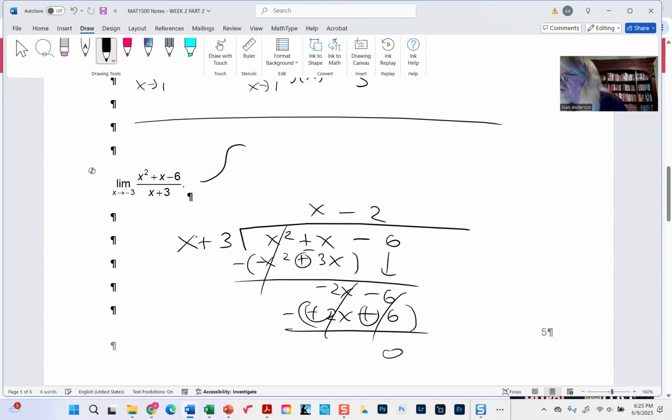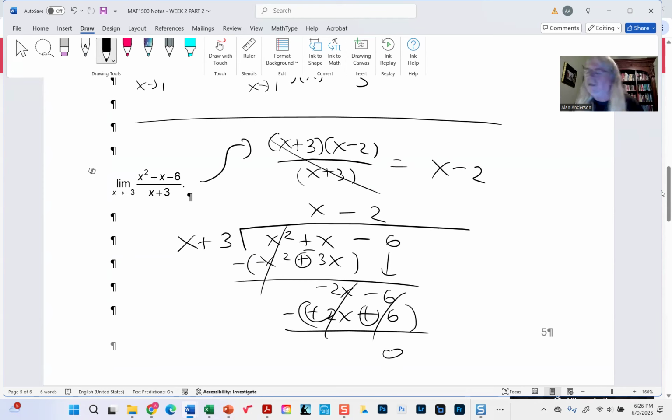Beautiful. So that means this expression equals x minus 2. Okay. So think of this as our f of x. This can be thought of as our g of x. The two will be identical everywhere except where x equals -3.